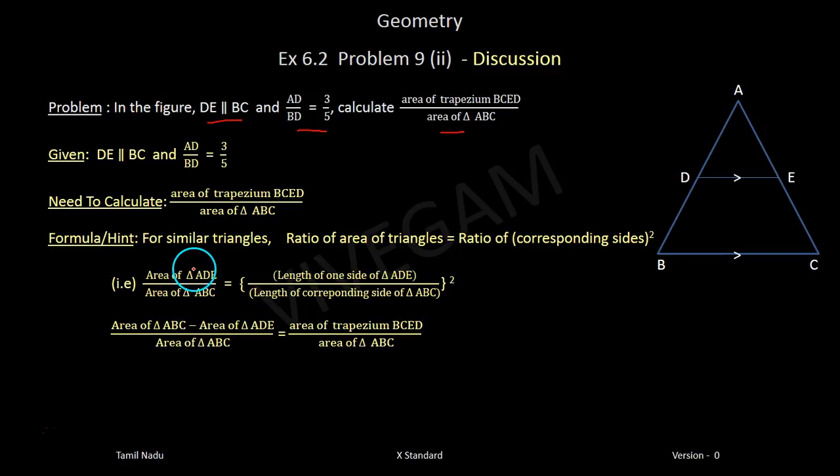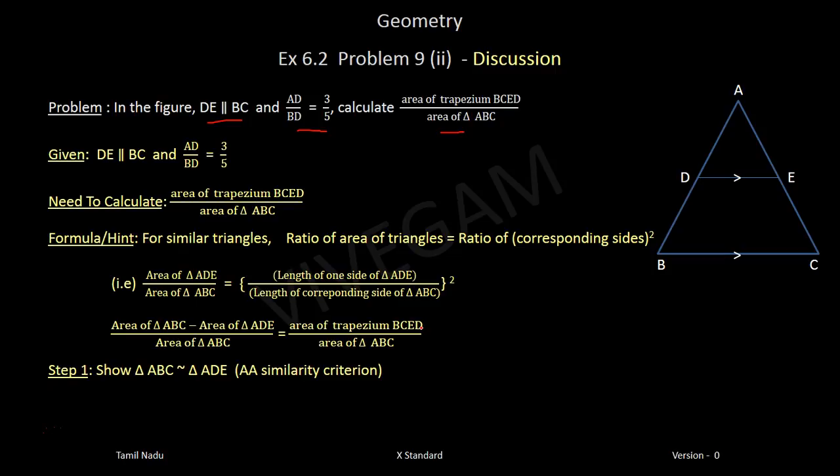See, the area of the triangle ABC minus the area of the triangle ADE divided by the area of the triangle ABC will be equal to, apply the same rule here, you will be able to get the value. But what is this? This is nothing but triangle ABC minus triangle ADE, equal to this area, that is the area of the trapezium which we want. Okay, so leave it here. When we come to the solution, it will become more clear.